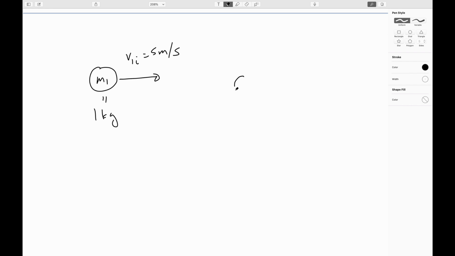And then I have another object that's free to slide on the sheet of ice. We'll say its mass M2 is 2 kilograms. Now this is initially at rest, so V2 initial equals 0.